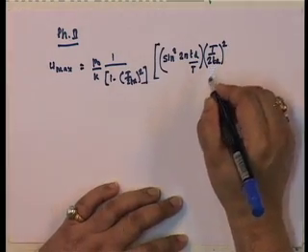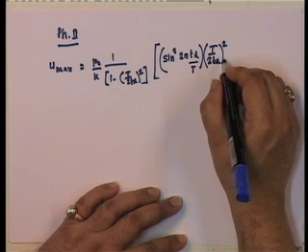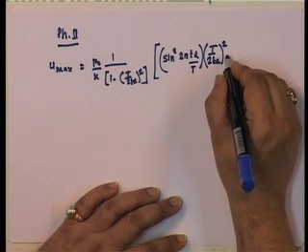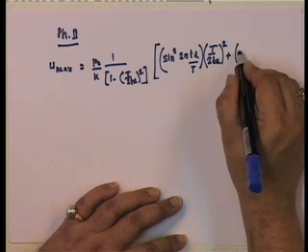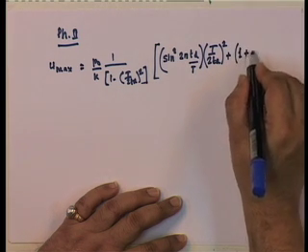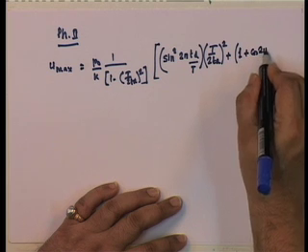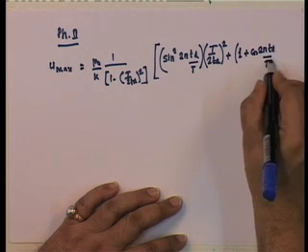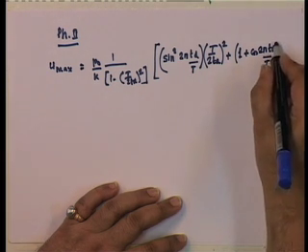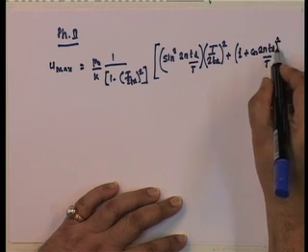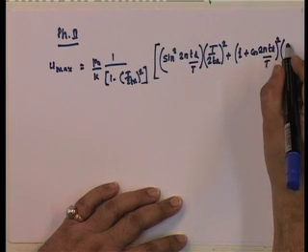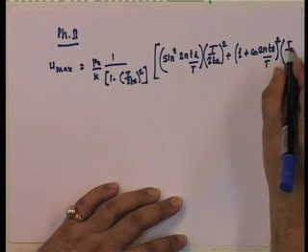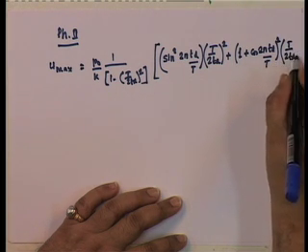Okay. And on this side I have minus minus, so I get plus (1 plus cosine 2 pi t_d upon t) the whole squared, and inside I have (t upon 2 t_d) the whole squared.